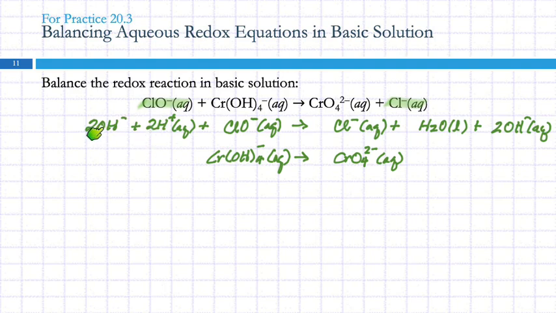Hydrogen ions and hydroxide ions will neutralize each other and form water. So I'm going to simplify that. Those guys are going to react with each other, and that's going to be 2H2O.